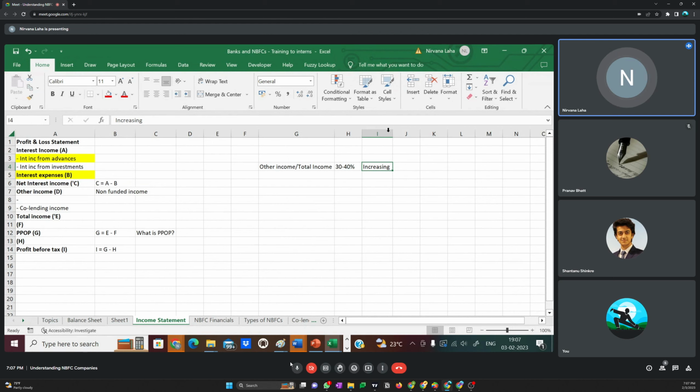Check out the presentation of IDFC First Bank. In the latest presentation there will be a slide where they have shown how many products are contributing to their other income. It'll be an interesting slide for you guys.